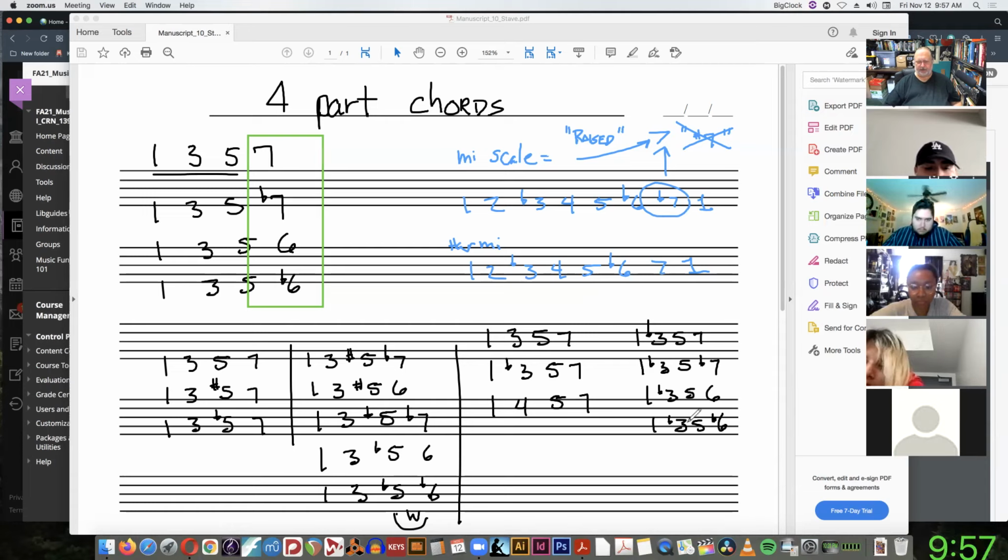So that's with the flat 3. Now I want to do the flat 3 and the flat 5.